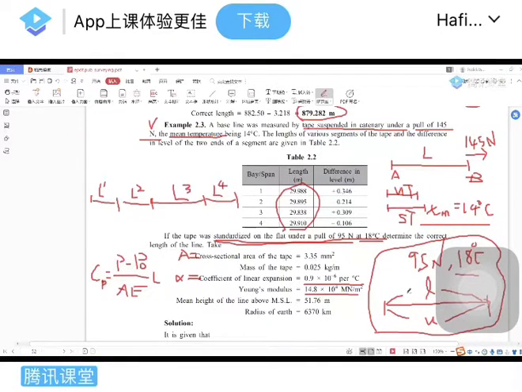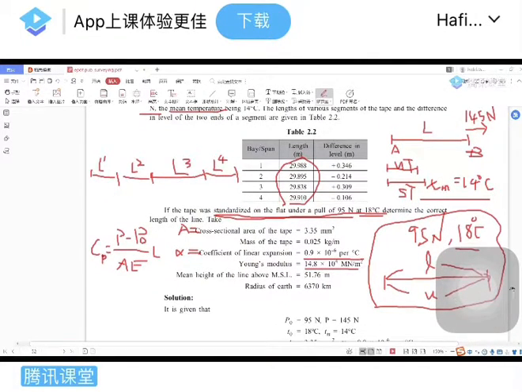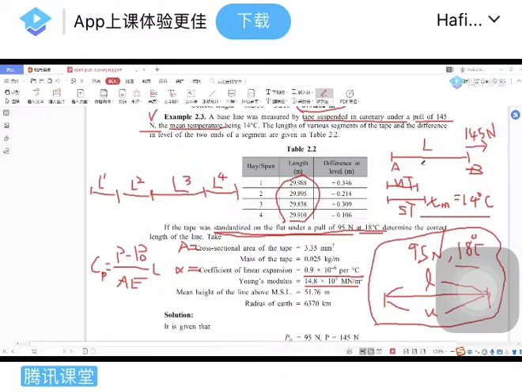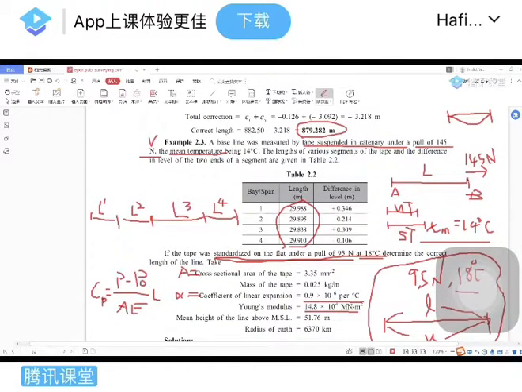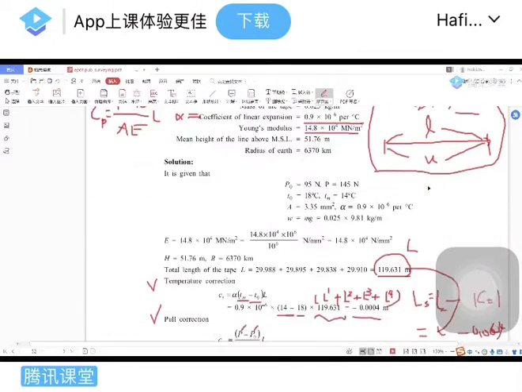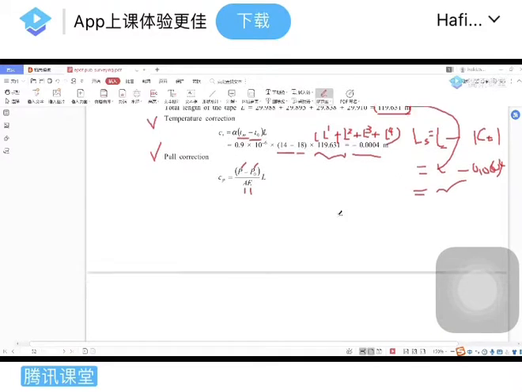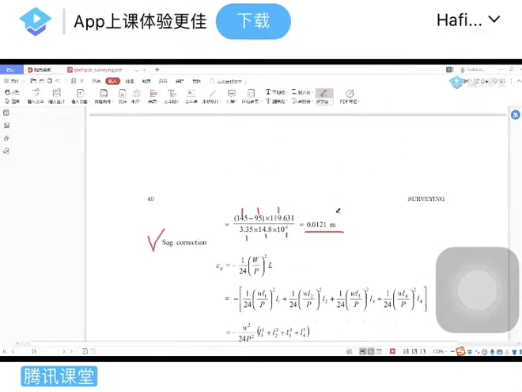If I use the standard one, I supposed to get much more. It means you underestimate. You use this one, you underestimate. So since you underestimate, you have to add it up, in order to get the standard one. So the sign will be positive.